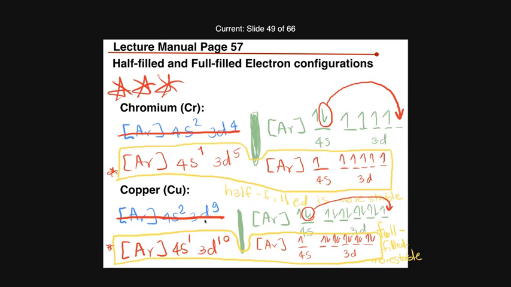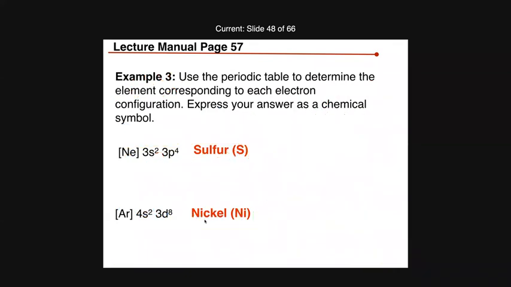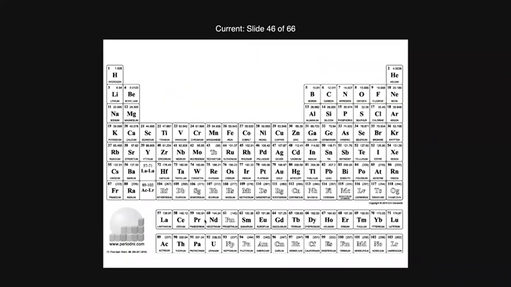All right, so my expectation for this class is, if you go back to the periodic table with me real quick. Okay, let's go back to the periodic table. My expectation for you is that you will need to be able to give me the electron configuration up to element 56.